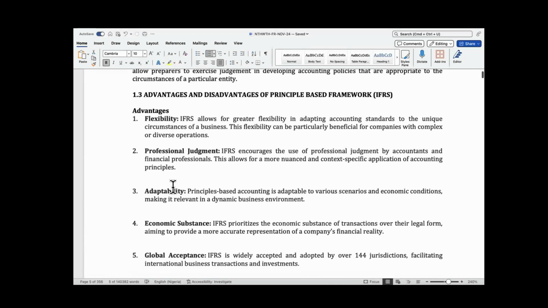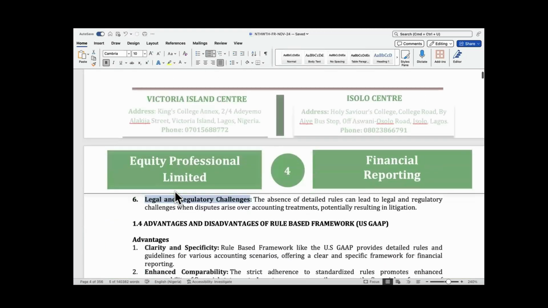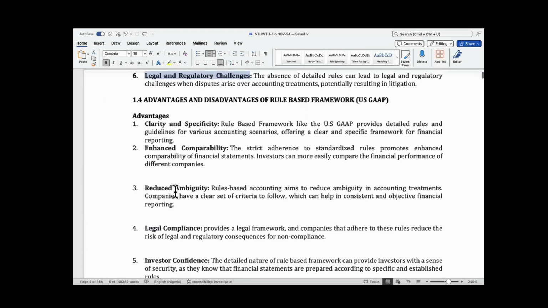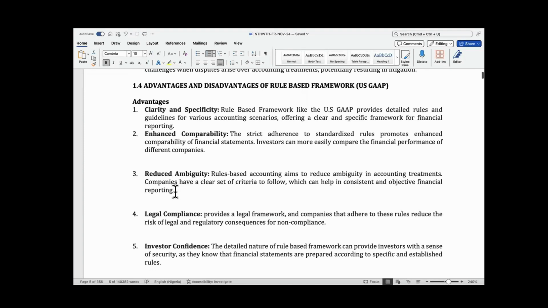I think I asked this before for 7 marks, so it's an area you don't want to joke with in case they ask it. For rule-based, the very first advantage is clarity and specificity. Clarity is laid down there, it's just there for you.